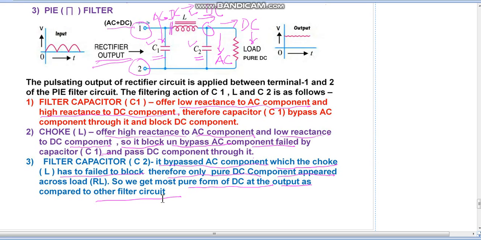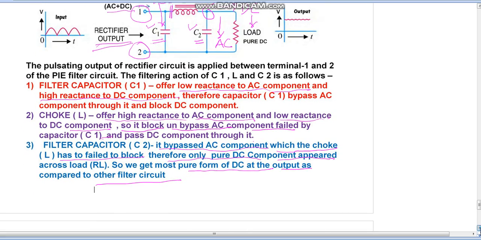Inductor L or choke L shows higher reactance to the AC component and low reactance to the DC component, so it blocks the AC component not bypassed by the capacitor C1 and passes the DC component. And the second capacitor C2 bypasses the AC component which the choke has failed to block. Therefore only pure DC component appears across the load RL. So we get the most pure form of DC as compared to the other filter circuits.